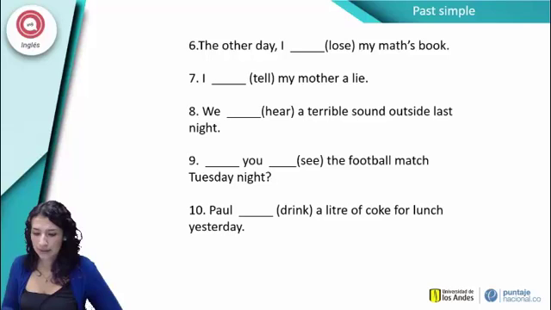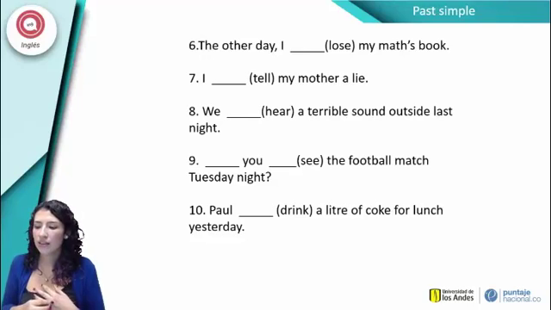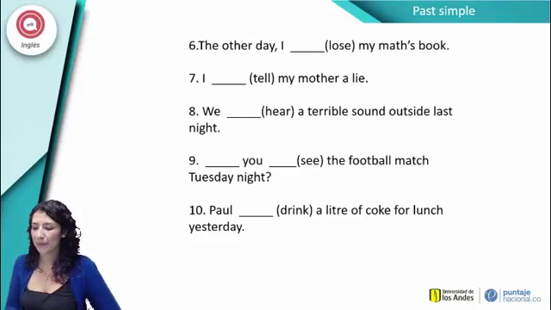Okay, number 6. The other day I lost my maths book. I lost. Did you put lost? Yeah. Again, lost is an irregular verb. I lost. And for the next one is told.